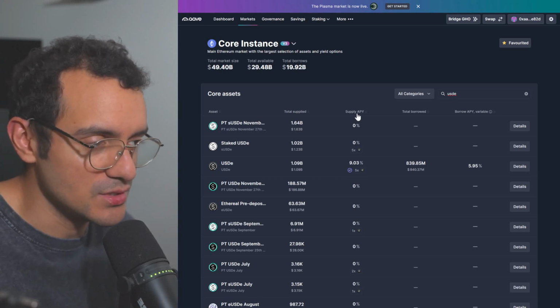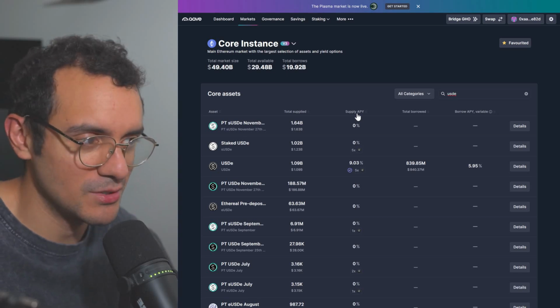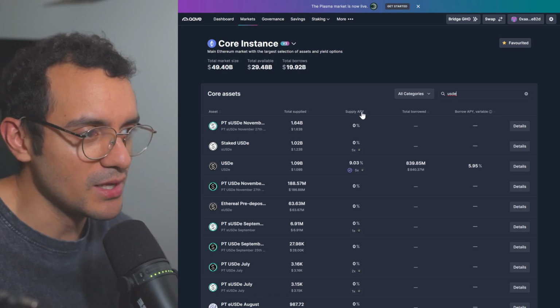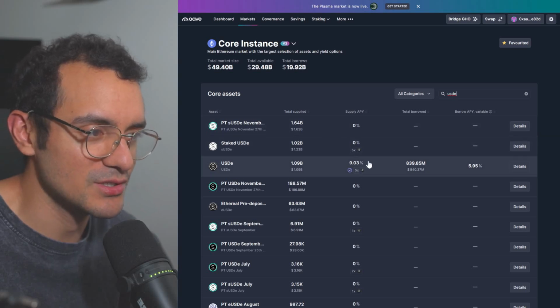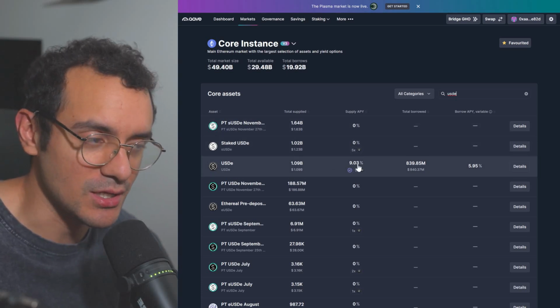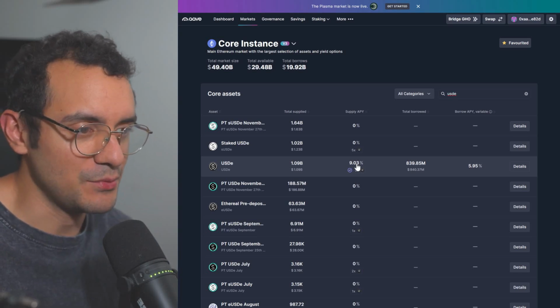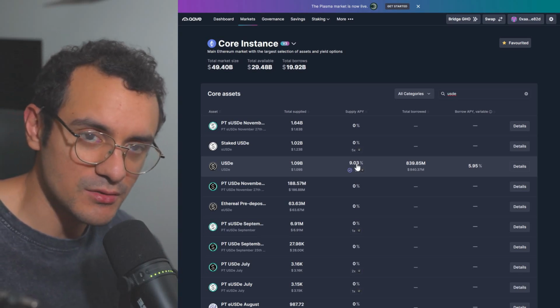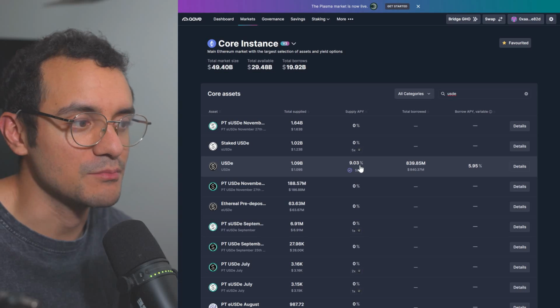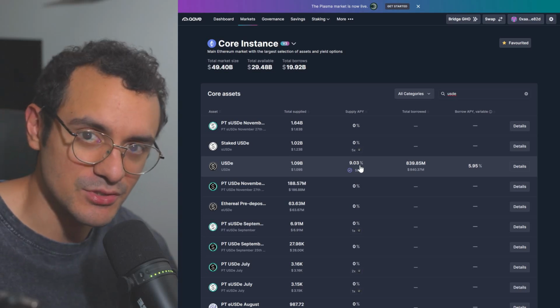If you're new to this ecosystem or if you're a pro, let me explain that very shortly. The supply APY means that you're going to earn this amount of money annually as interest paid daily. So for example, if I deposit $100, it means that I'm going to earn probably $9 per year.